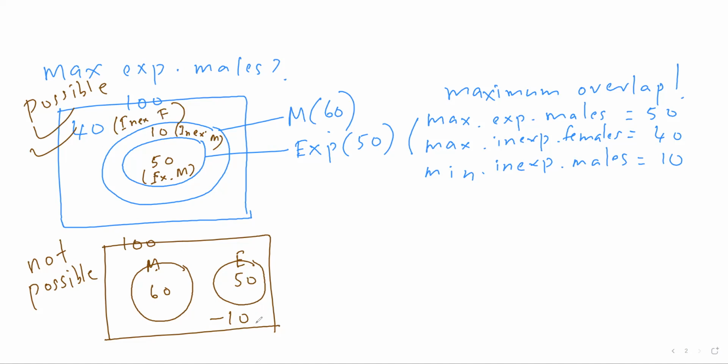That means there's a negative number of people who are neither male nor experienced. So the number of inexperienced females is a negative 10. It cannot be the case. Okay, so this is a situation that you need to avoid.